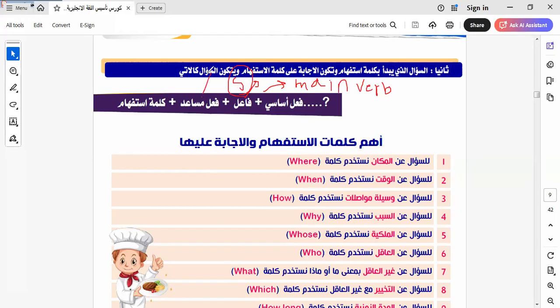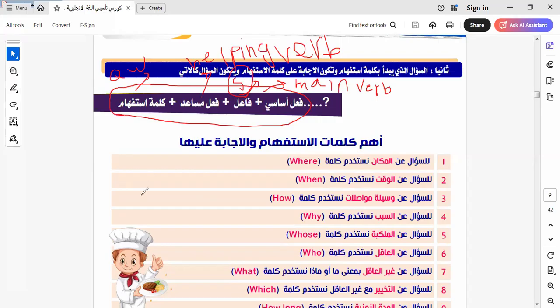Here is the helping verb, and the keywords question. Okay, so here is the rule of how to make a question. We use, first of all, the main verb, subject, helping verb, and the keywords question.